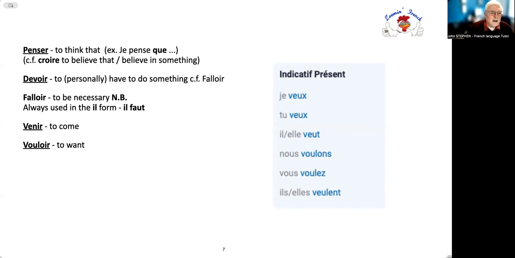Again, it's different, but it's extremely important, this verb, because you can walk into a shop and the shopkeeper says, alors, vous voulez quoi, monsieur? What do you want?